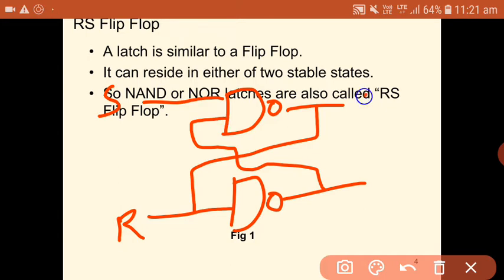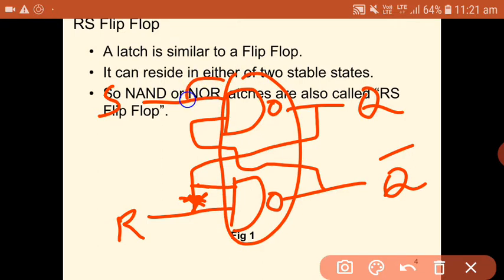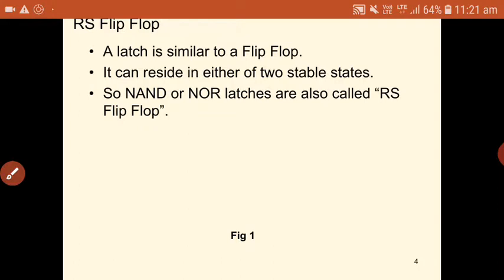This is the circuit diagram of the NAND latch, through which you can implement an RS flip-flop. Similarly, if you replace these NAND gates with NOR gates, that becomes a NOR latch. So NAND or NOR latches are also called RS flip-flops.